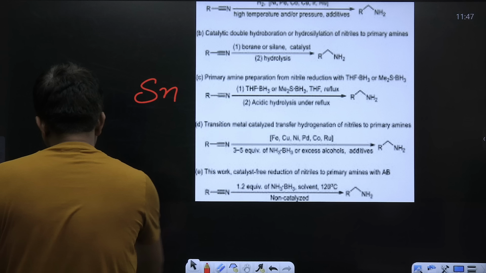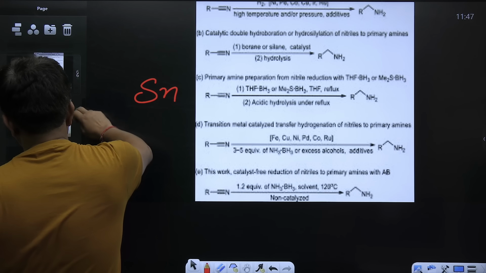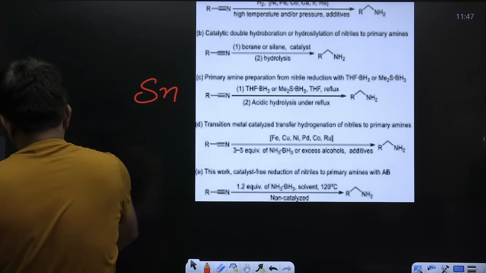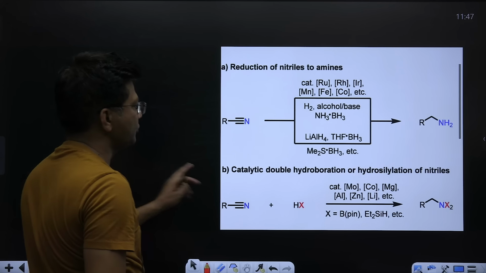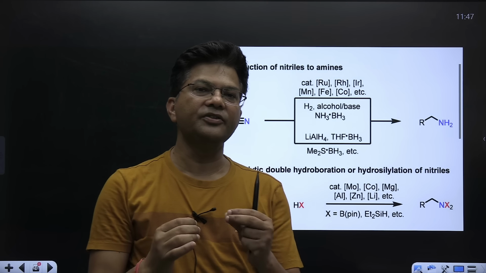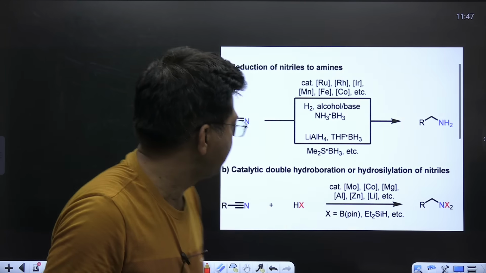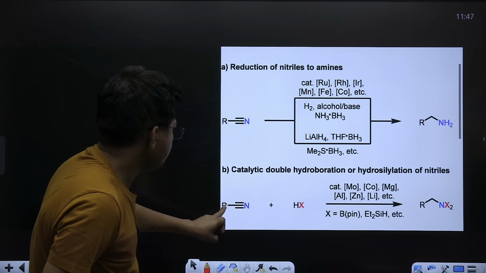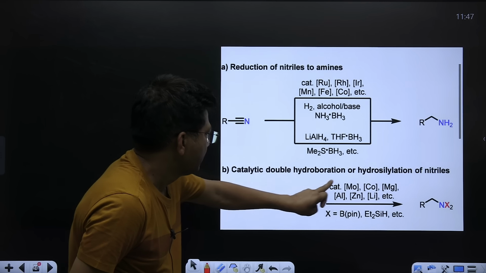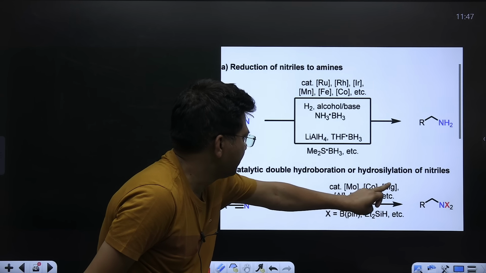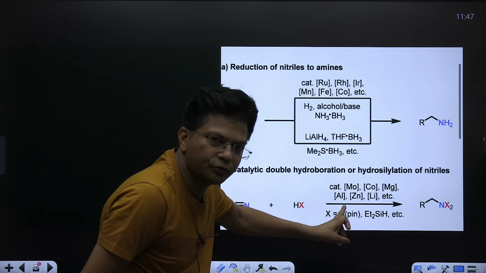Now let me give you one more proof. You see this reaction. This is also taken from the American Journal of the same Chemical Society, and what they are writing is RCN, HX, molybdenum, cobalt, magnesium, aluminium. Aluminium is from the P block.